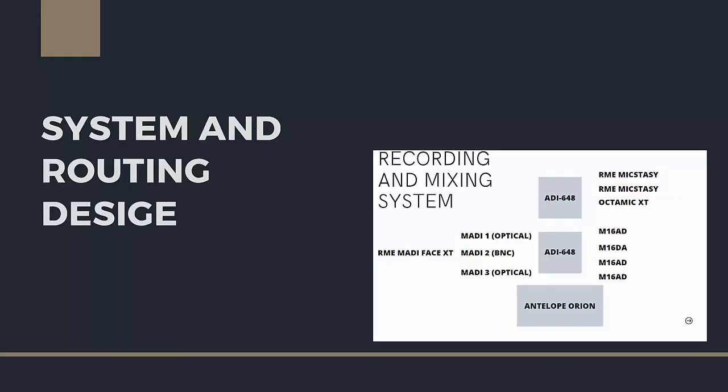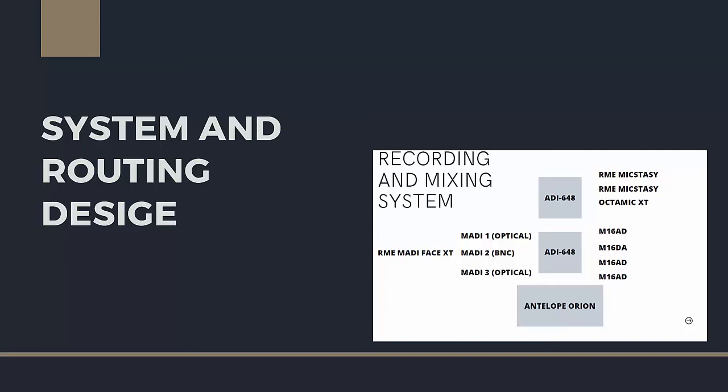And also on this term's project, I have been doing system and routing design. In this case, I have to study audio networking systems. Audio networking is the future. At first, I was thinking about Dante and AVB.